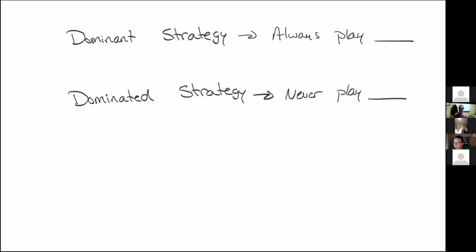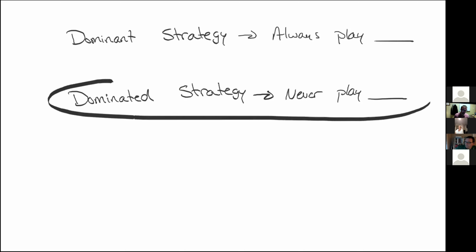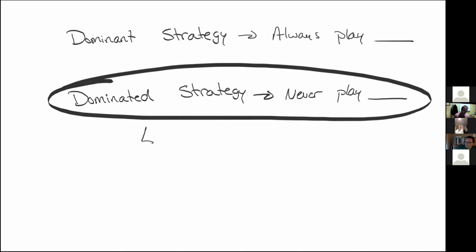Economists are boring in terms of naming stuff. We name it for exactly what it is. Dominant means it dominates all other ones. Dominated means that it is dominated by all other strategies. And another way to solve these games is to look for dominated strategies and then just eliminate them.